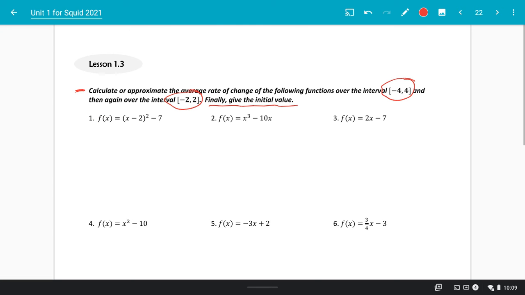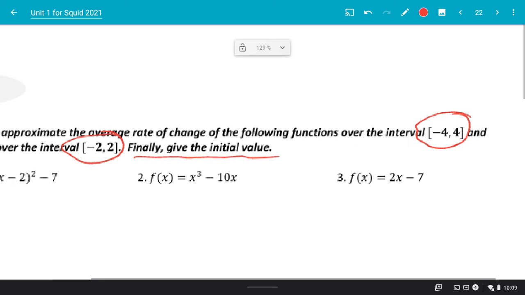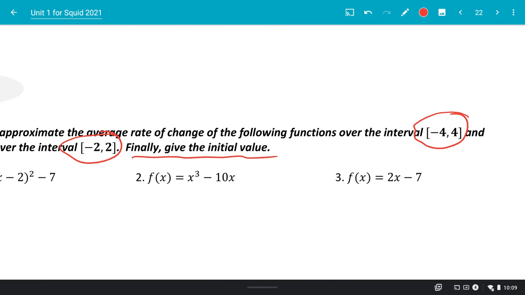Like, if I'm calling a little timeout here, and I have, say, this graph. Does that graph have a constant rate of change? No, it doesn't. It has different rates of change. Matter of fact, if I looked at the rate of change from here to there, it might be one thing.